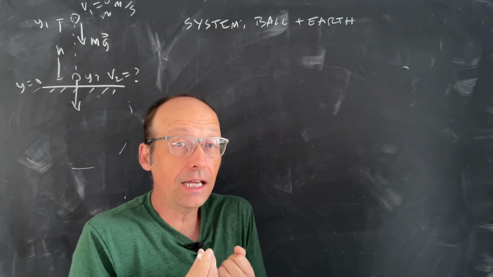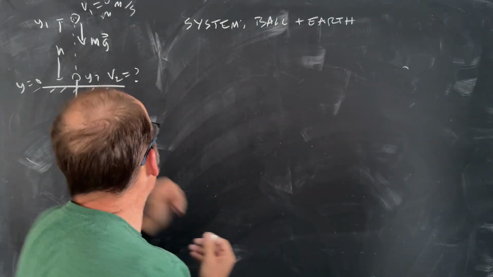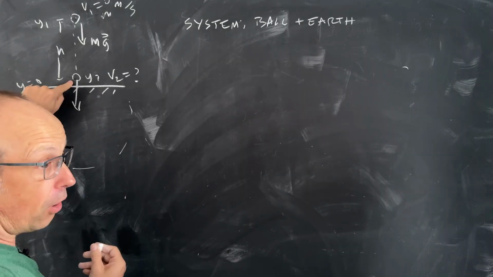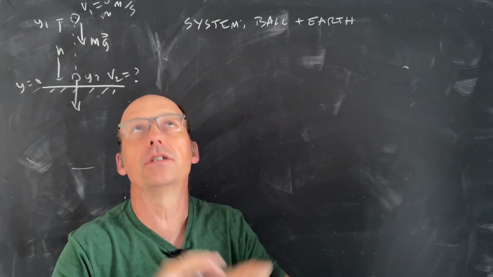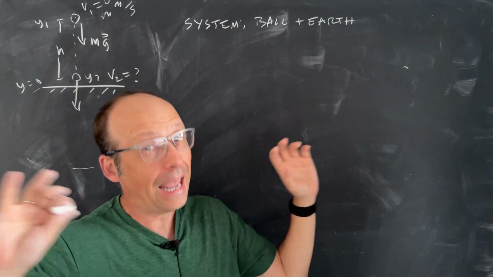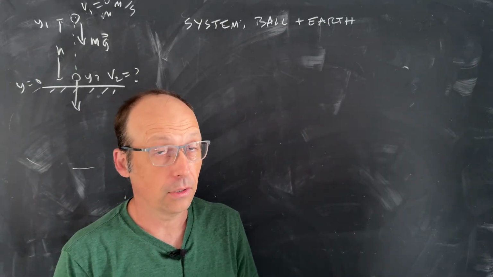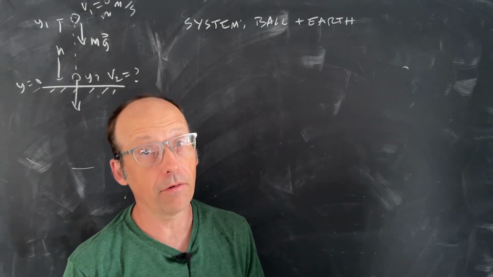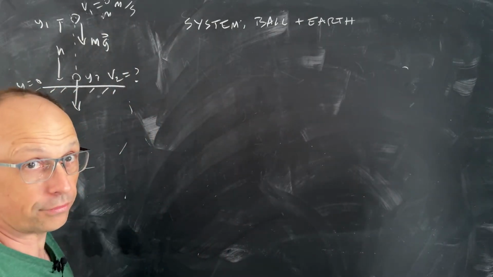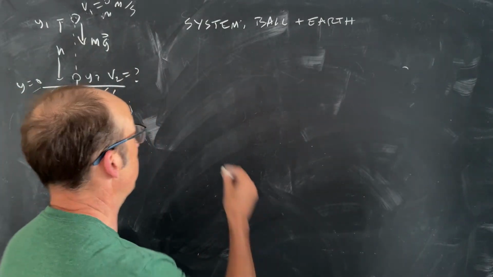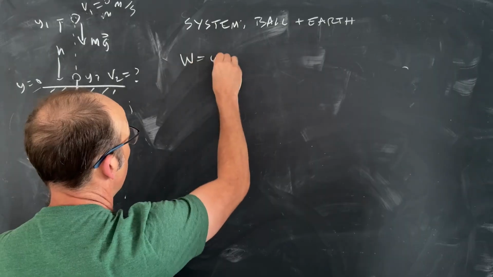If that's the case, then the Earth pulls on the ball, but the ball pulls on the Earth. So the gravitational force is no longer an external interaction. We no longer have work done by gravity. And in fact, there's no external forces, there's no external interactions. So the work would be 0.